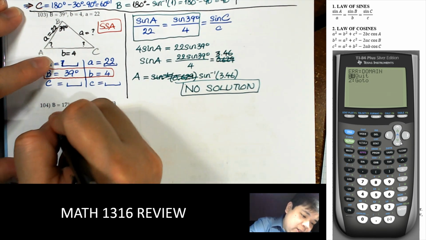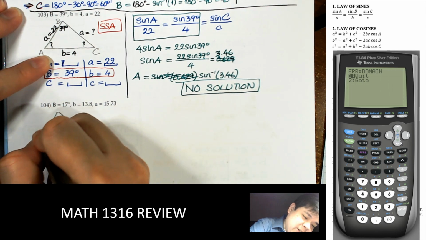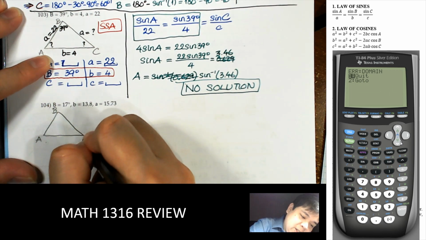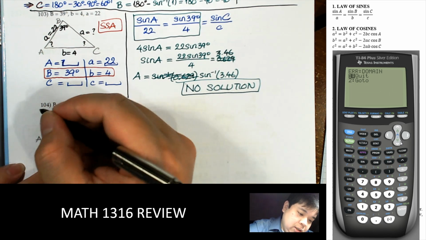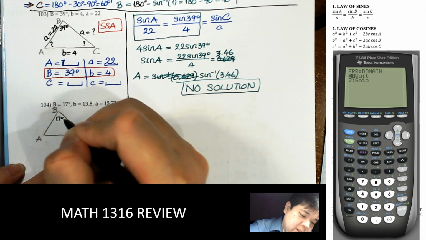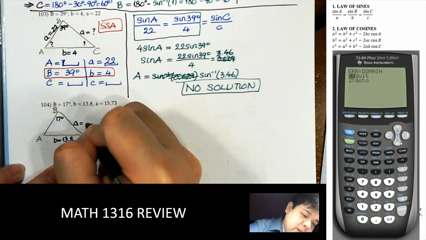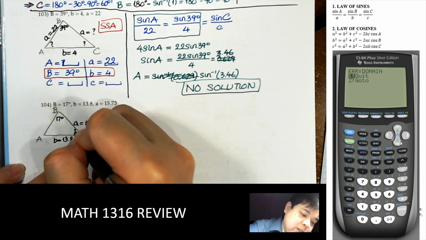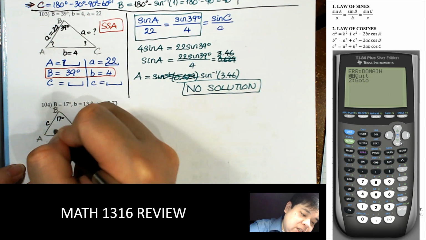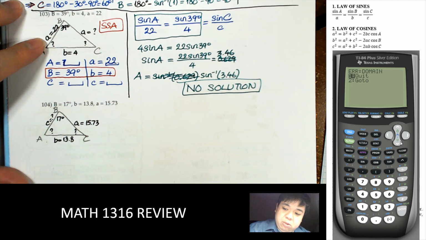So next one, again a generic triangle A, B, C. We are given angle B, 17 degrees, and side b, 13.8, side a, 15.73, and we don't know C, or little c, and we don't know angle A. So let's summarize.